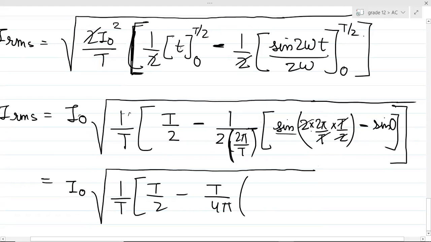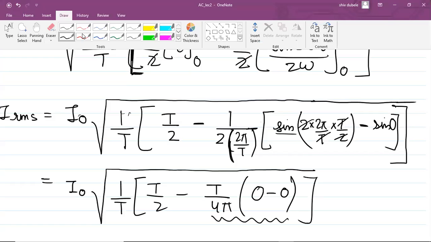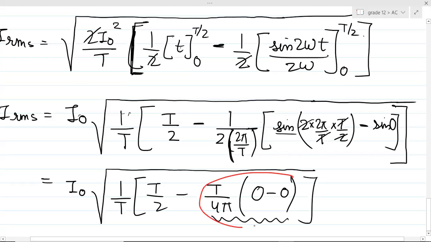What is sine of 2 pi? Sine of 2 pi is sine 360 degree. What is sine 360 degree? 0. And what is sine 0? 0. So can you see this whole term has become 0, right? Yes or no?